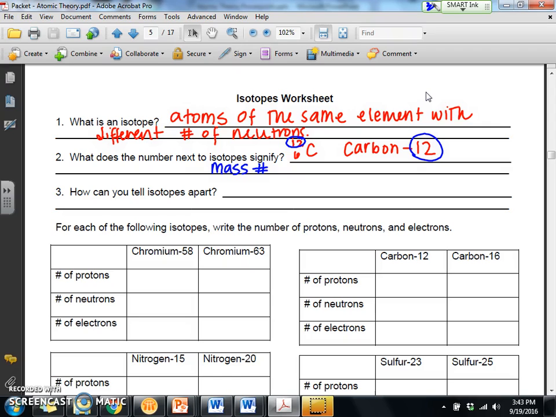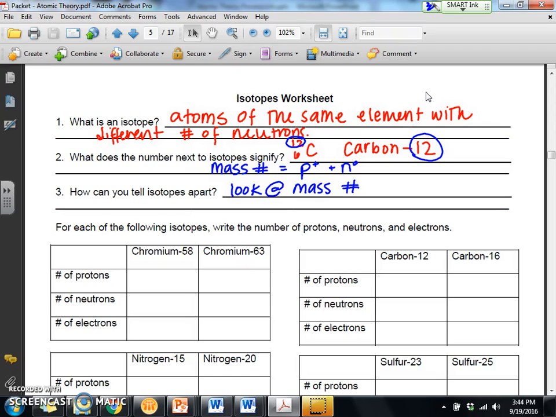Now, we remember that our mass number is equal to my protons plus my neutrons. Okay? So by using our mass number, we can figure out exactly how many neutrons are in this particular isotope of carbon, which answers question number 3. We look at the mass number.